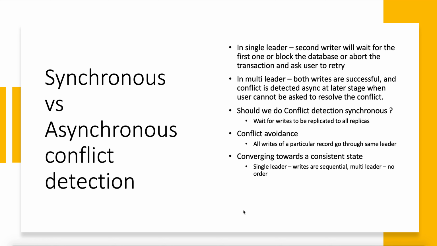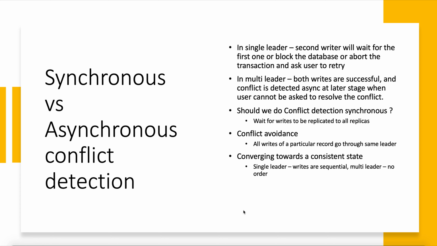A single leader database applies the writes in a sequential order, that is, several updates to the same field are applied sequentially and the last write determines the final value of the field. But in case of a multiple leader configuration, there is no defined ordering of the writes, so it is not clear what the final value should be.